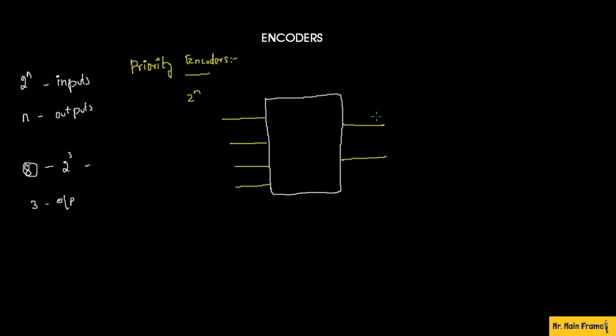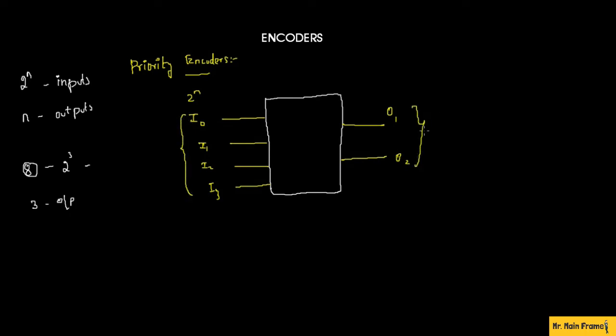So this is input 1, this is input 2, I1, I2, and the last one will be I3, and this is output 1, and this can be output 2. So these are inputs and these two are the outputs.